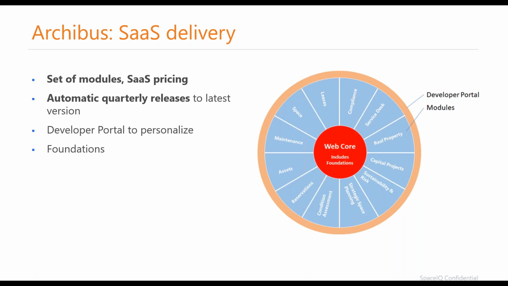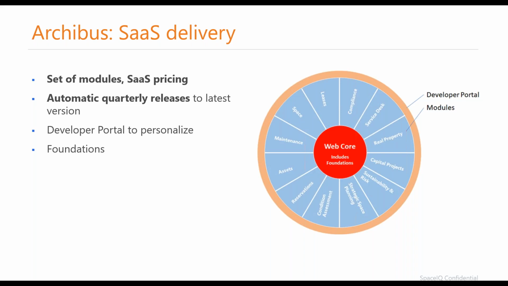The SaaS delivery, like any delivery for Archibus, is quarterly. With SaaS, though, customers who choose SaaS are automatically upgraded after each quarterly release.